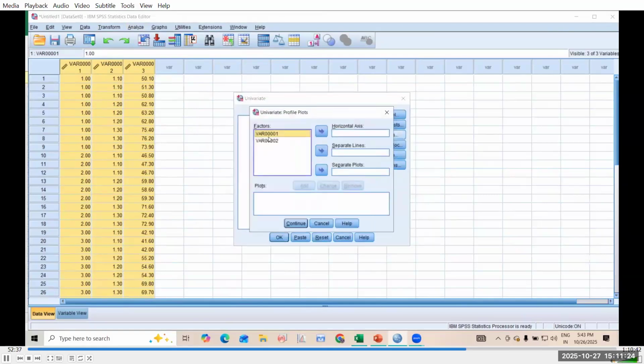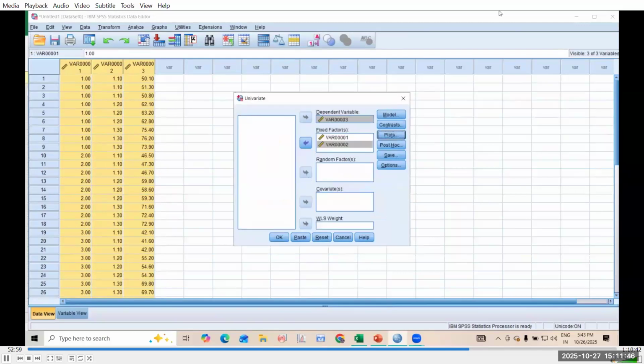Plots will be, there are two types of plots. One is factor 1 and another is factor 2, meaning independent variable 2. So I'll put day 1 on the horizontal axis, days, and the sample types will be the separate lines. Click add, continue.